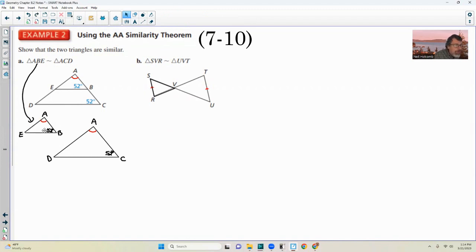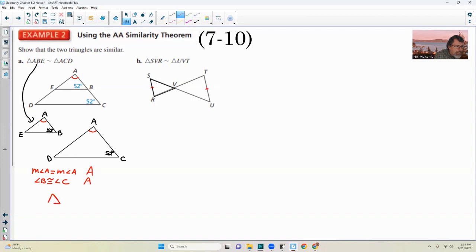Okay, so I have the measure of angle A equals the measure of angle A, and that's reflexive. And obviously, angle B is congruent to angle C, because B is 52 and C is 52. So this is an angle and this is an angle.